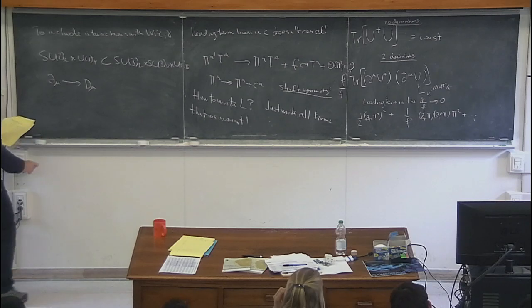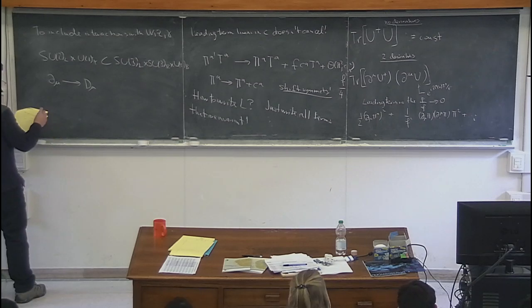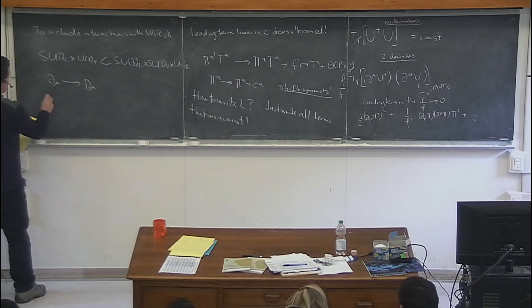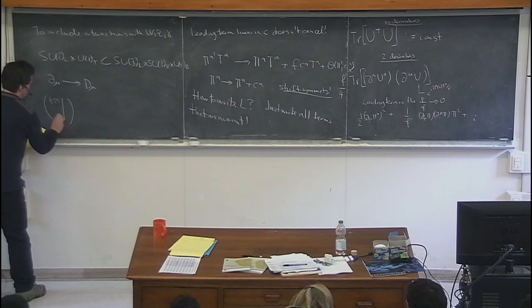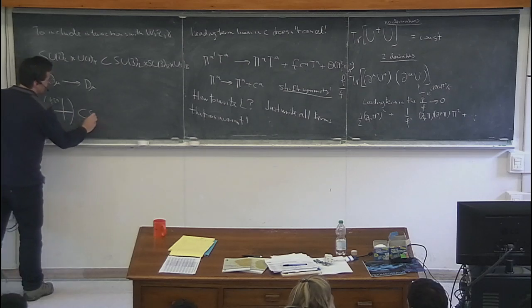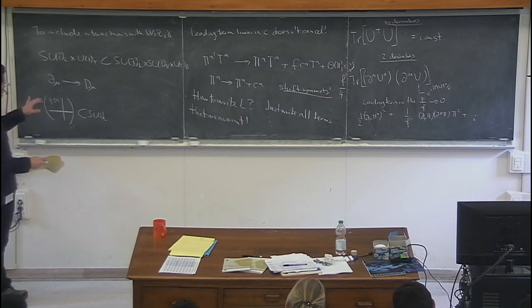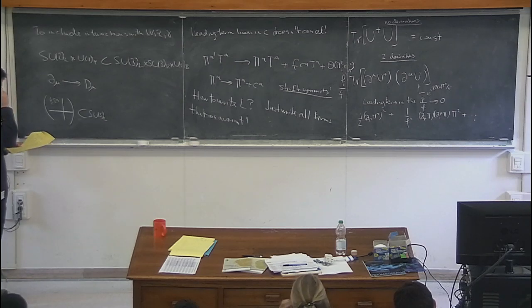And so, as I said, I'm going to be lazy and we'll just do the naive thing that, for example, the SU2 is embedded as 1/2 tau A into SU3 left. Again, it's not completely right, but we're going to ignore the fact that the strange is also part of a doublet.